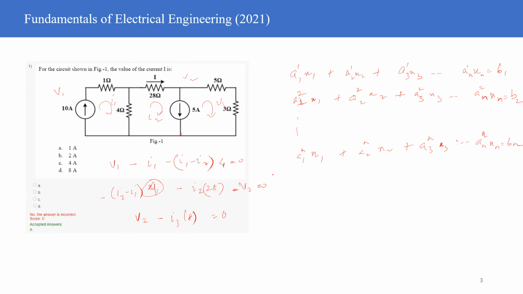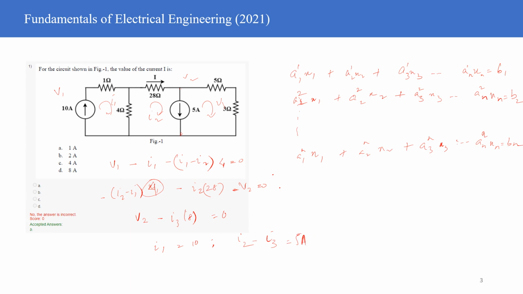From mesh number 1, it is obvious that I1 is equal to 10 amperes, right? So that is clear. And what else can you say? You can also say that I2 minus I3 is equal to 5 amperes, correct?